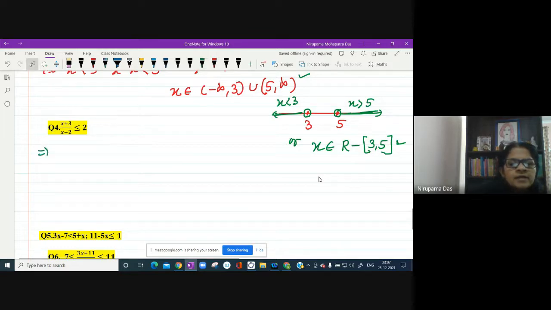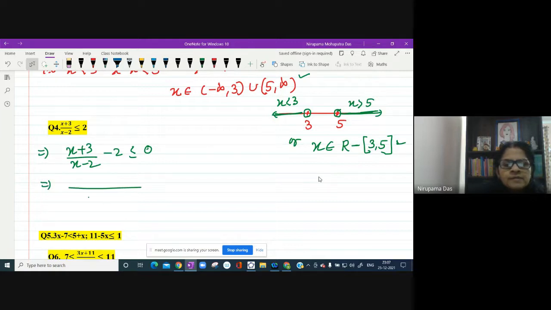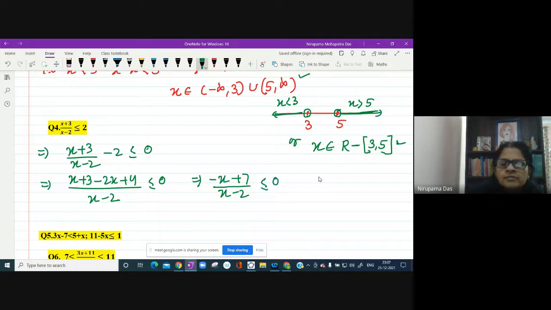So we may write it like this: (x+3)/(x-2) - 2 ≤ 0. Now you can take the LCM, x-2: (x+3 - 2(x-2))/(x-2) ≤ 0, or you can write here x - 2x is -x, plus 7, so (-x+7)/(x-2) ≤ 0.